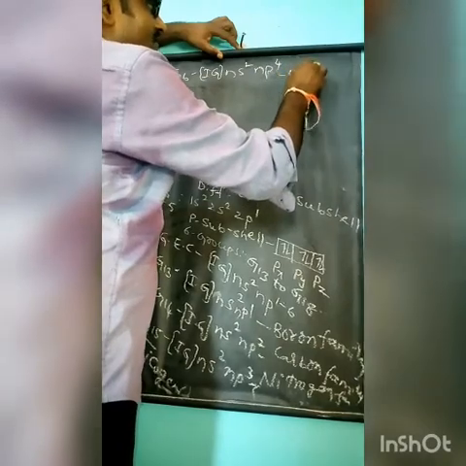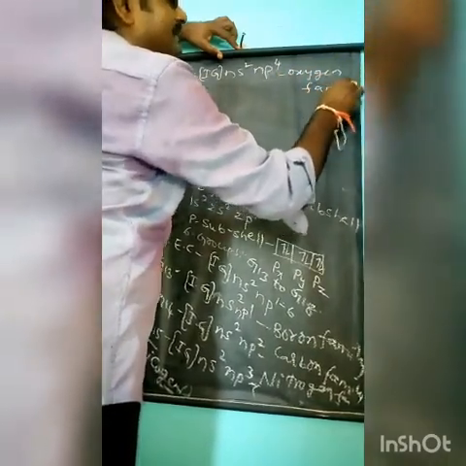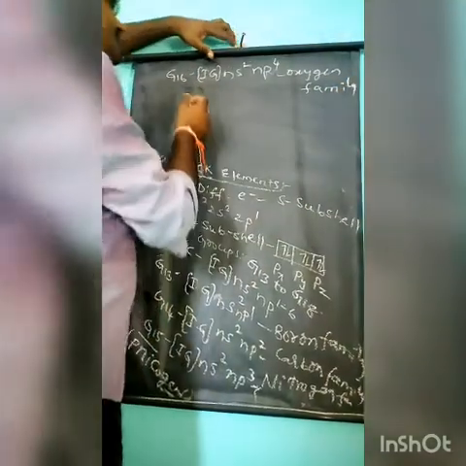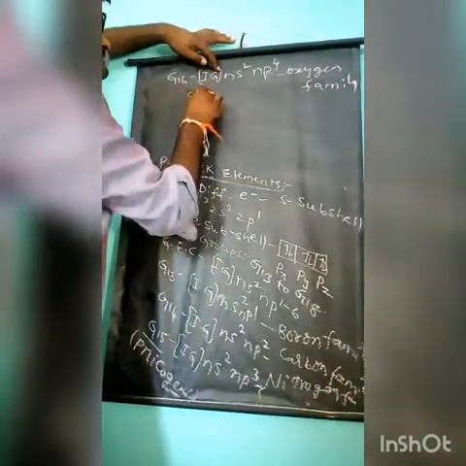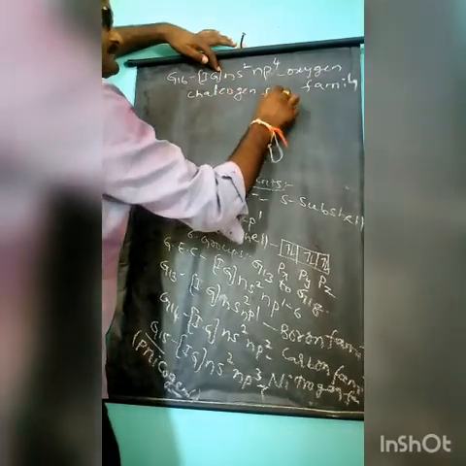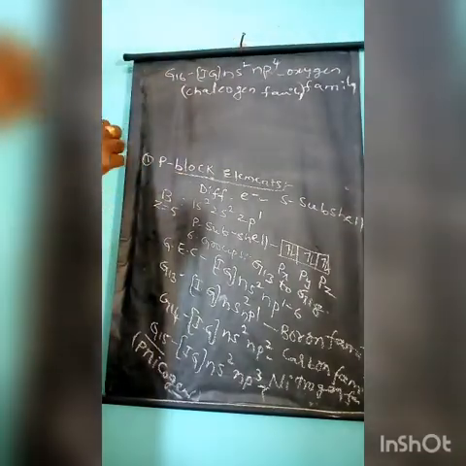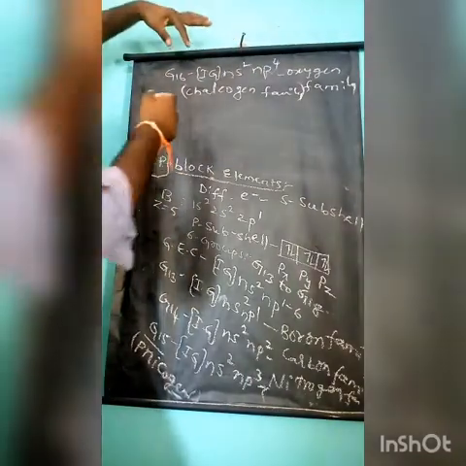This is called the oxygen family, and G16 is also called the chalcogen family.